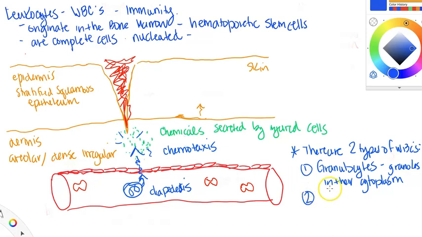The second type are agranulocytes, and these are white blood cells that have few or no granules in their cytoplasm.